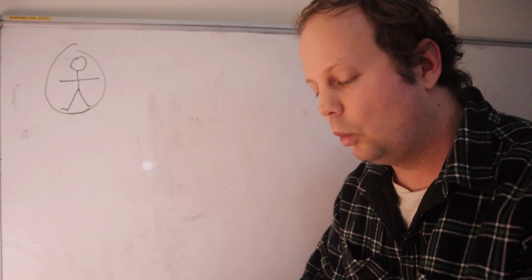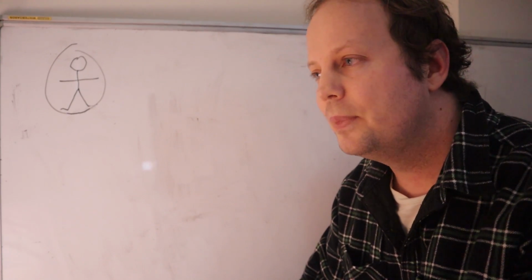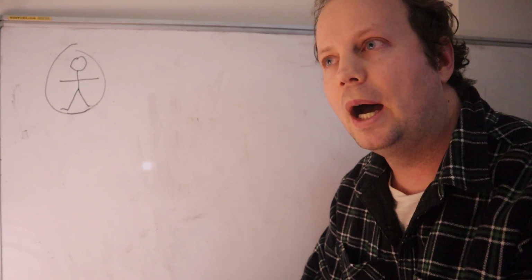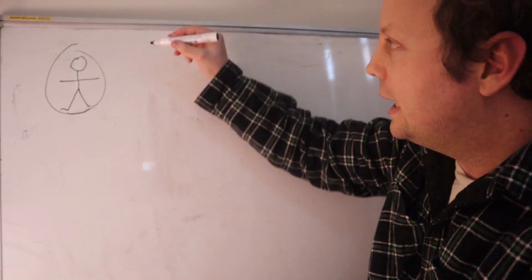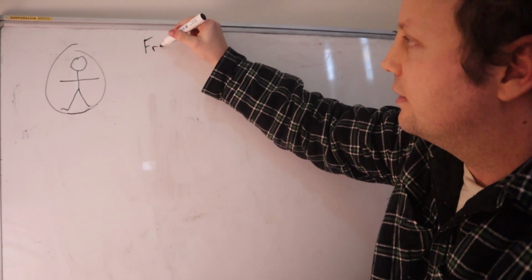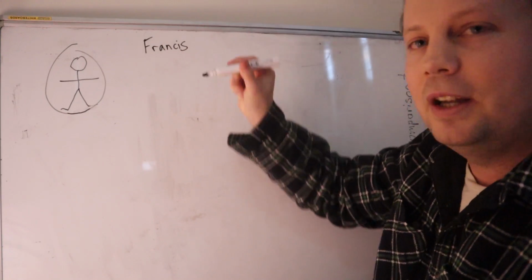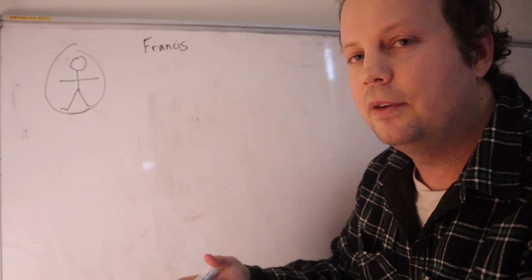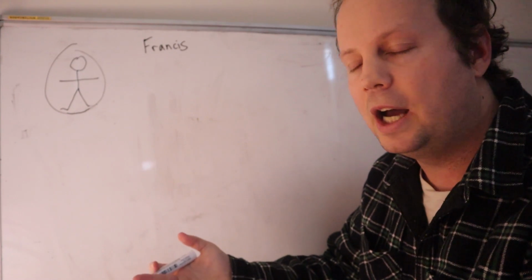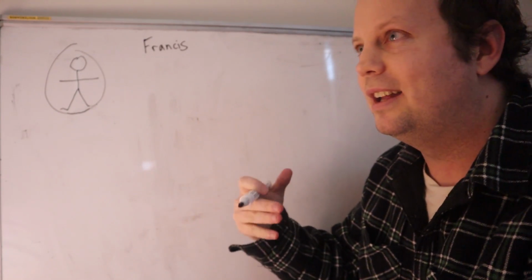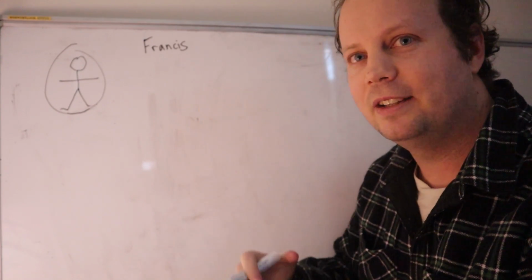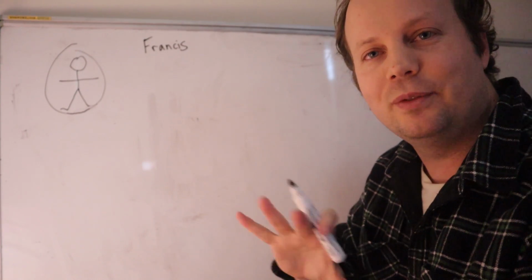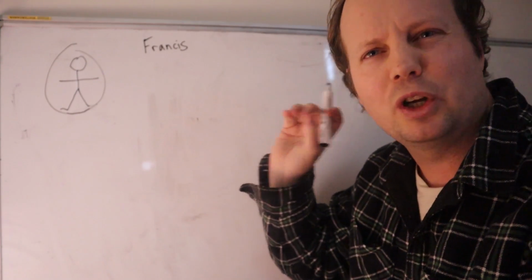Now, in order to make this work, because I can't interact with you, I have to give you a name, okay? So your name is going to be Francis. I consider Francis kind of a gender-neutral name because I've had a friend whose name was Francis, a guy, and then a long time ago, an ex that was also called Francis. So we're gonna roll with that.